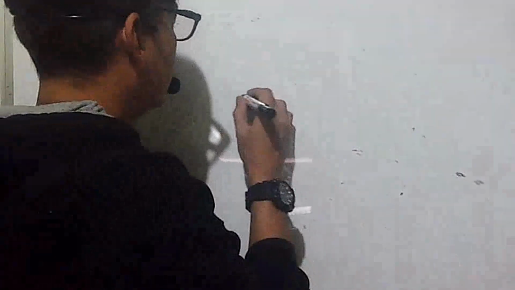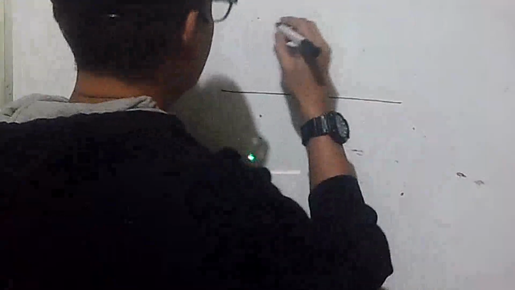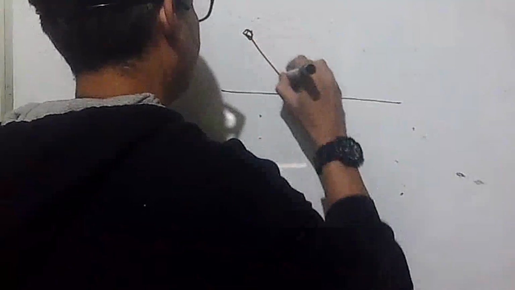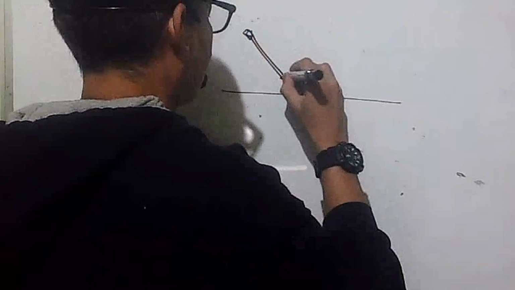I think the best example, the one we always use, is the shovel. Let's say you have a shovel. It's quite hard to draw here. There's the handle, then here, your shovel.